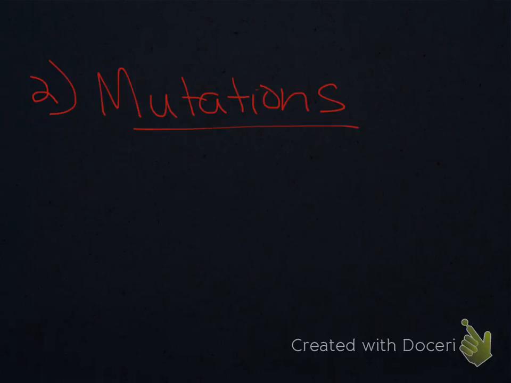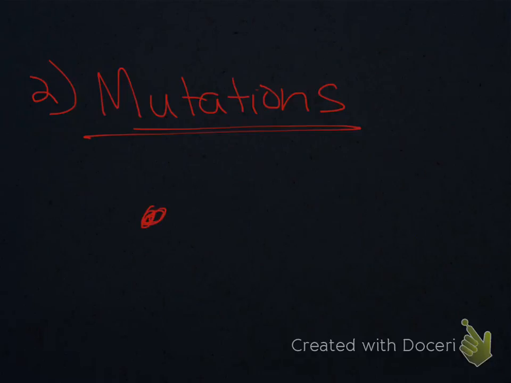Also, we have mutations. So these are your point mutations, frame shift mutations, all those mutations. And once again, you most likely learned these before, but this also provides a source of variation. Just to define a mutation really quickly, it's basically inherited changes in a gene. So let's say this is a gene.